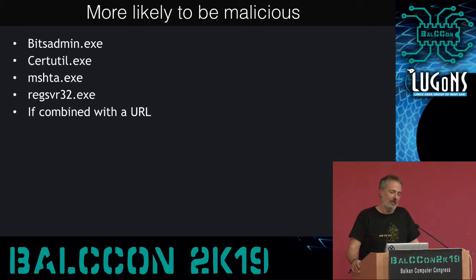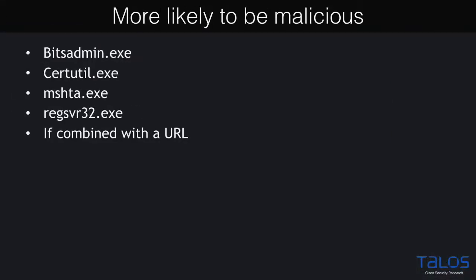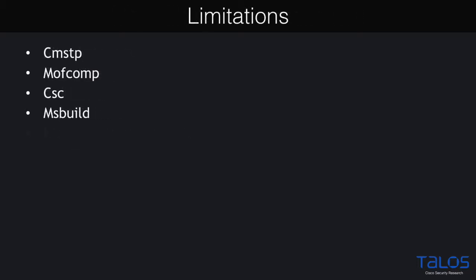I only know that there was a certain file name. So with some of the other programs I wanted to investigate, I had more difficulty realizing which code is legitimate and which code is malicious. So for these, if combined with a URL, almost certainly there is some kind of malicious code running.